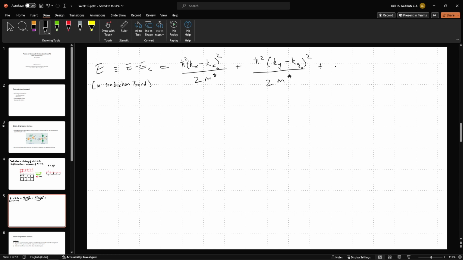So this is in the unstrained situation, especially true in the case of silicon 100. And finally, we will have the third axis of motion, so that is (kz minus kz naught) squared by 2 m star.